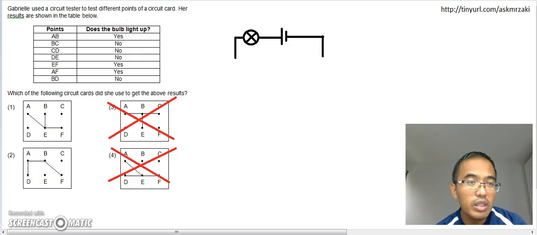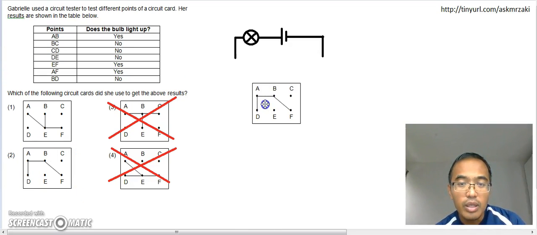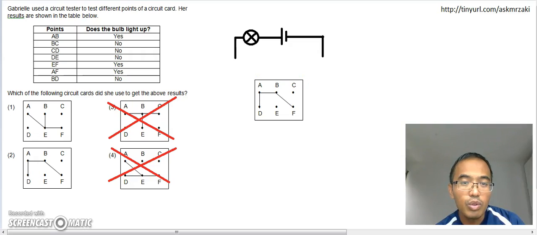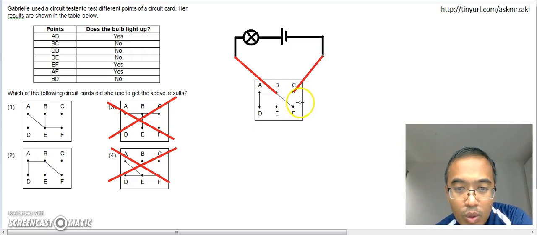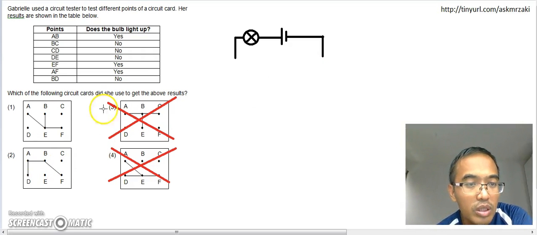If I were to put this circuit card here, and put B here and then C here, it will not light up, because there's an open circuit. So what does that mean? That means that 2 is still in the running. 2 can still be the answer.